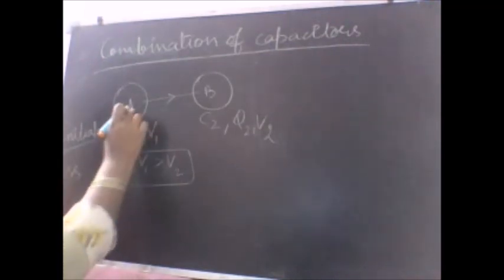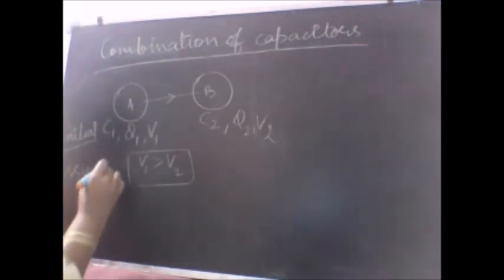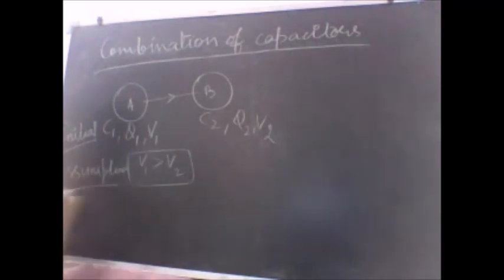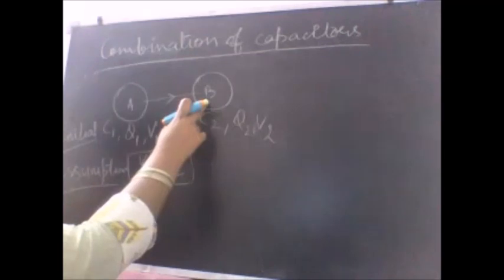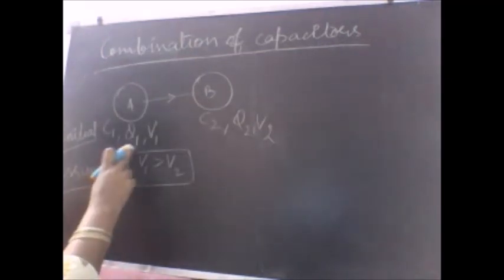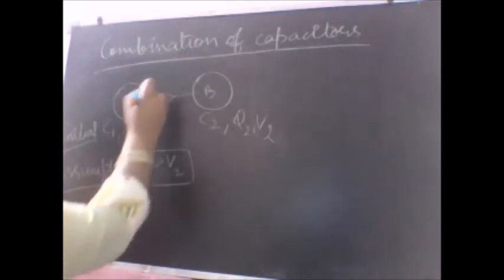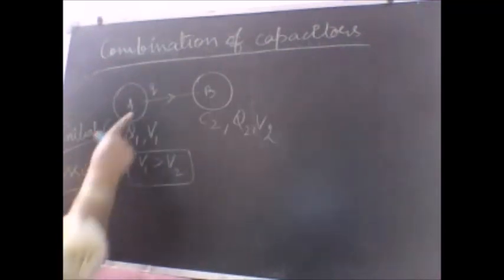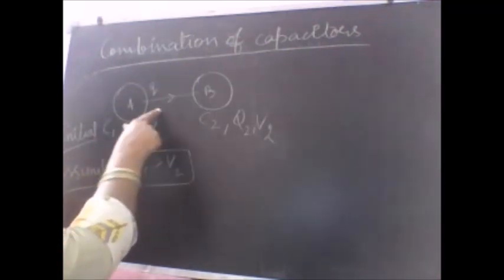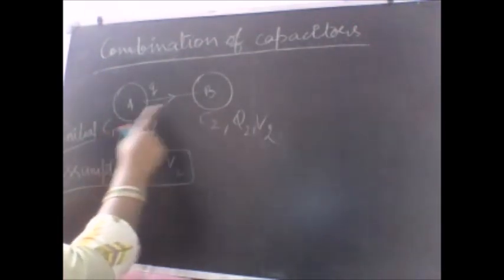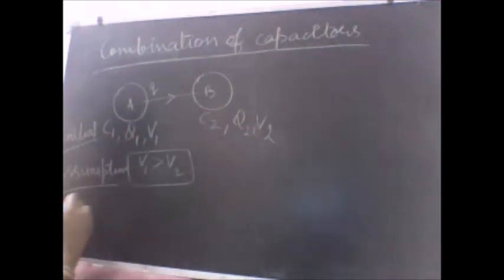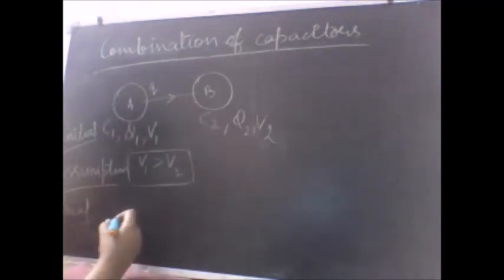If potential here is more than the potential at sphere 2, then obviously the charge will flow from A to B. Out of the initial charge Q1, some charge, say small q, will take an exit from A and will flow to the sphere B, and the charge will keep flowing until the potential becomes the same. So let us see what is the final configuration after the potential of both the spheres becomes the same.